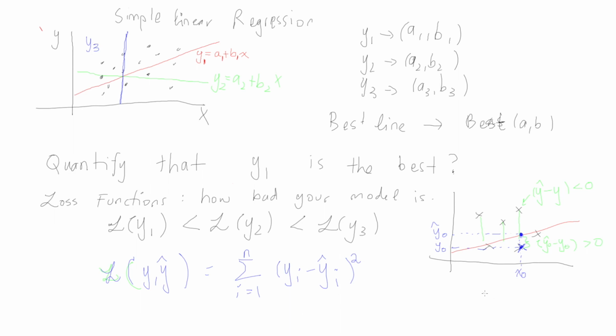That's why we square things. And this thing here is called the least squares loss. Oh, sorry, my mistake, it's not called the least squares.